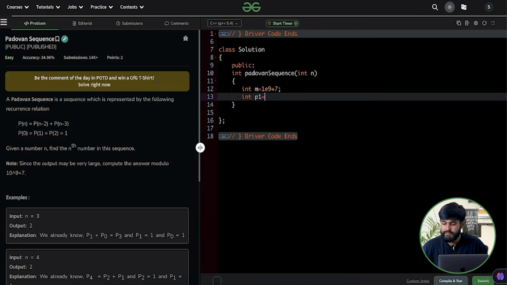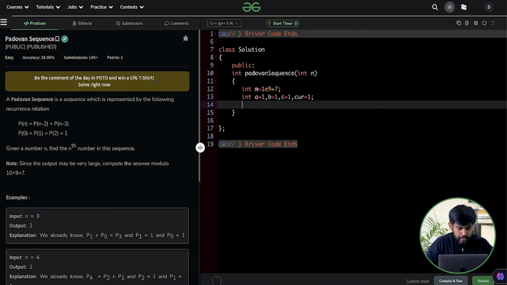Okay, this would be the flow. So the very first thing we have is the value of a, which is equal to 1, and the value of b, which is equal to 1, and the value of c, which is equal to 1 again. And let's take current also. Current is also equal to 1.